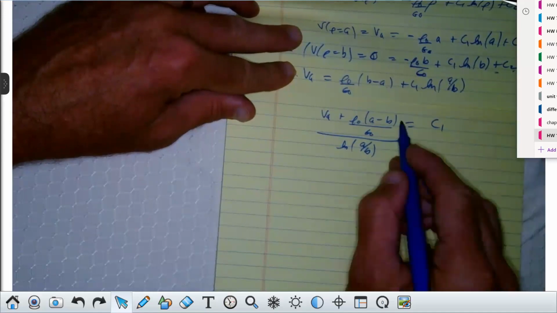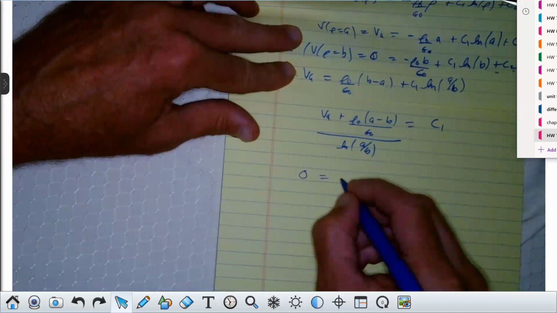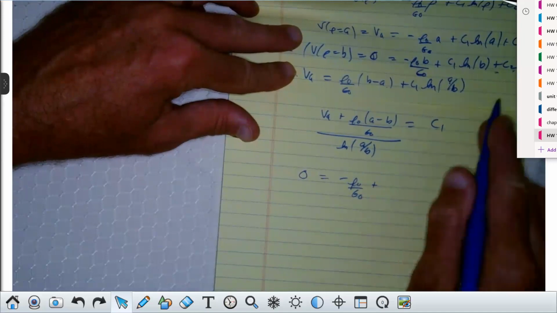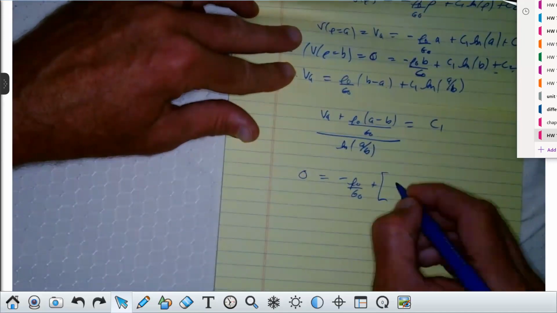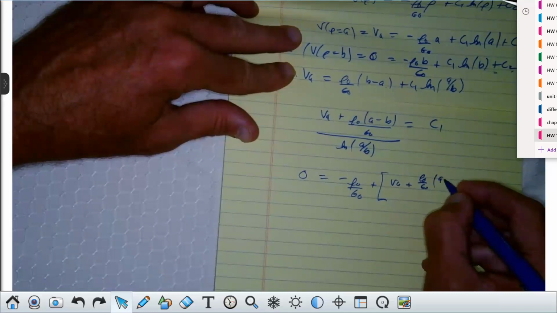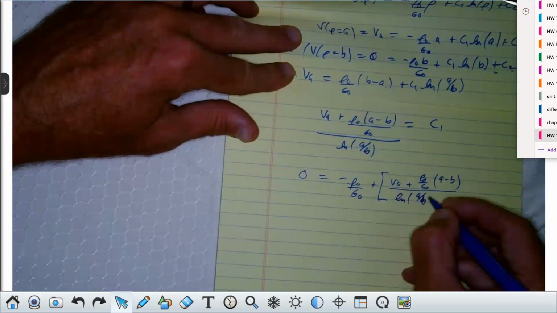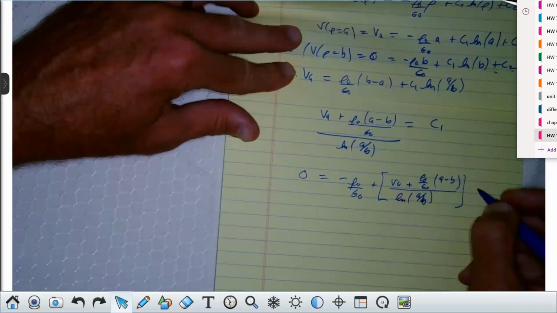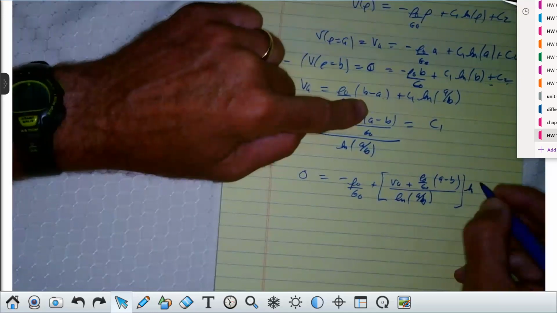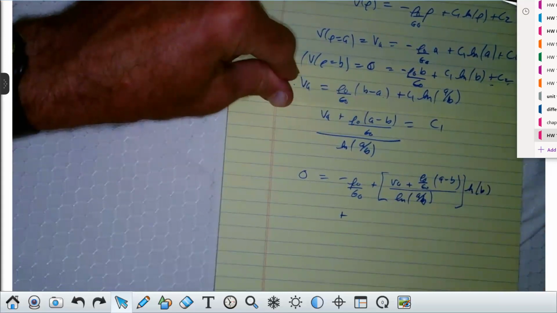So if we plug this equation into this equation, we have 0 is equal to minus rho naught over epsilon naught, plus, and this is C1 here, so it would be VA plus rho naught over epsilon naught times A minus B over the natural log of A over B, times the log of B, plus C2.